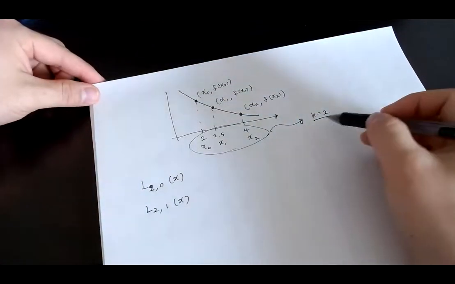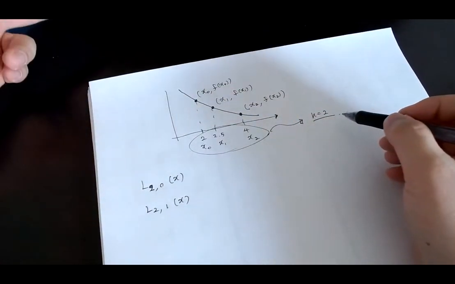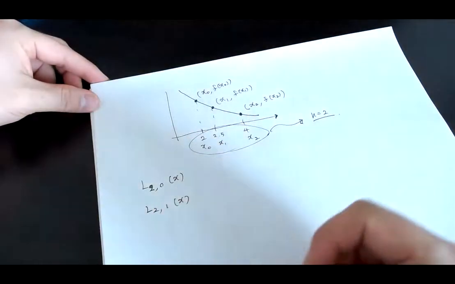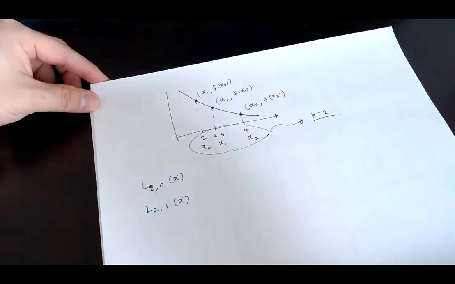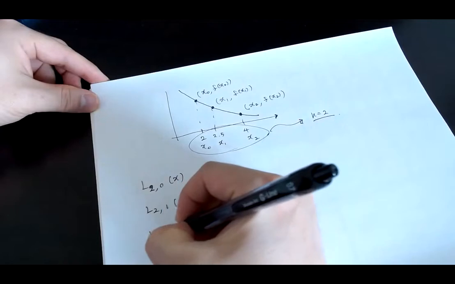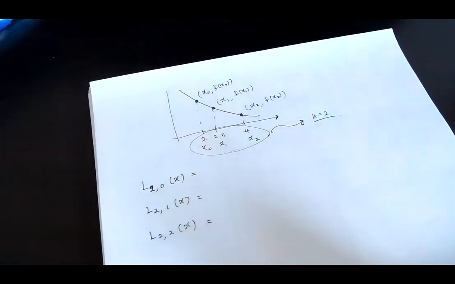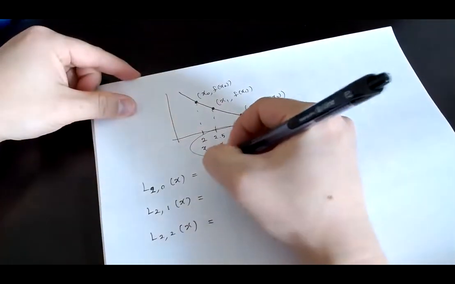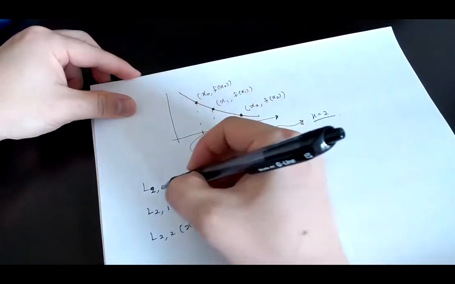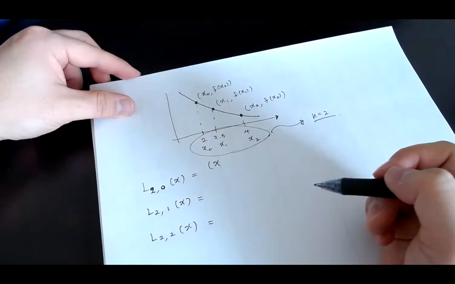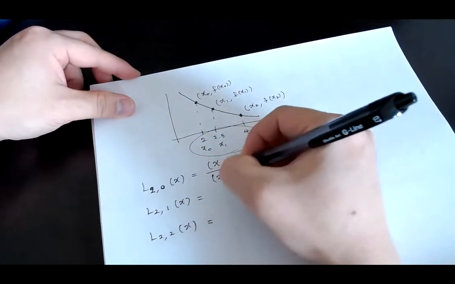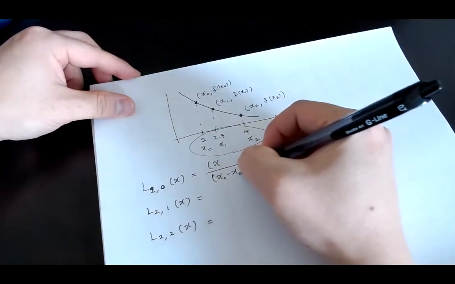It means n equals 2, so the degree is 2, and we can construct 3. So L2 comma 2 of x equals right here. Now the x minus, you see the 0 right there? Then the bottom one was what? X naught minus x0, x1, right?